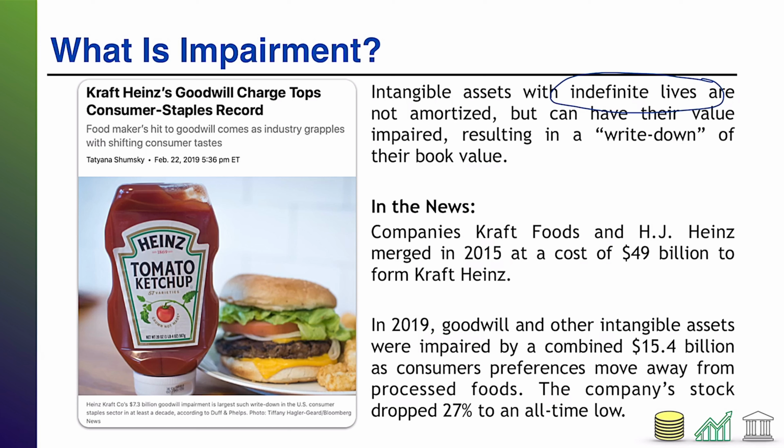Think about it. You amortize over the shorter of legal or useful life. Well, what if they're both infinity? What if there is no limit on the legal protection? What if there is no limit on the usefulness of the item? Well, then you're not going to amortize it. And so it'll just sit on your balance sheet at full value all the time. The question becomes, what if something shifts beyond your control that suddenly causes that thing to lose value?